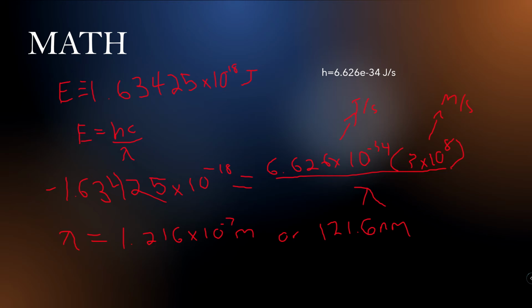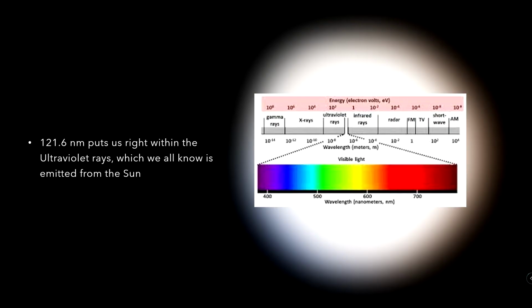This is the wavelength of that photon, which is the 121.6 nanometers. And the wavelength at which photons travel, again, determines how we categorize that energy, or how we categorize it as radiation, sorry.